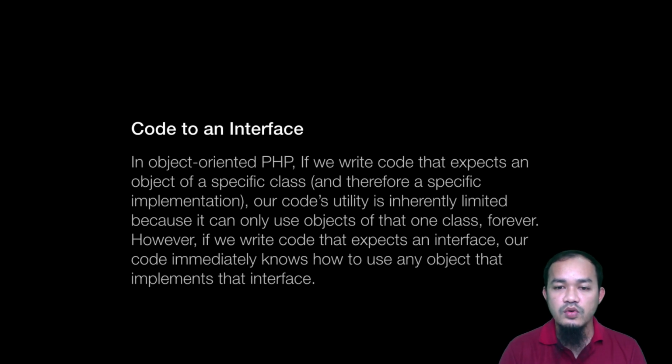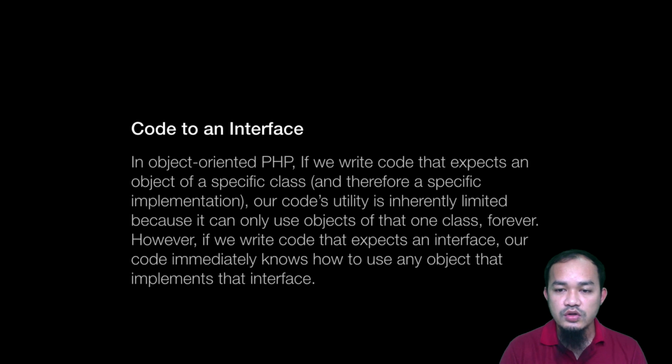If you want to avoid that, and make it usable for any purpose, we have to define it as an interface. Our code is inherently limited if it can only use objects of one class forever.